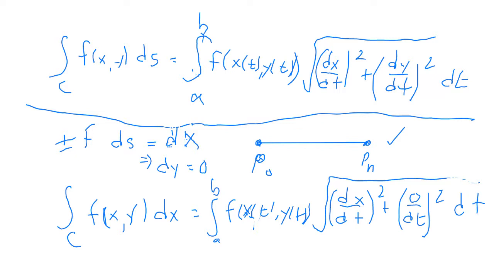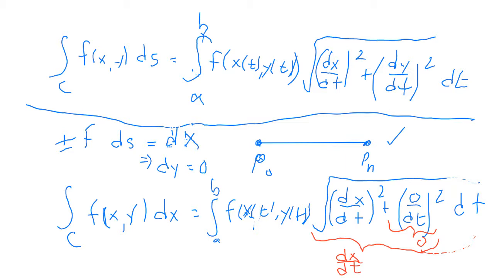So this term here becomes 0, and you're left with the square root of (dx/dt) squared. What's the square root of (dx/dt) squared, class? That's just dx/dt. Good, Ryan. Good, Eric.